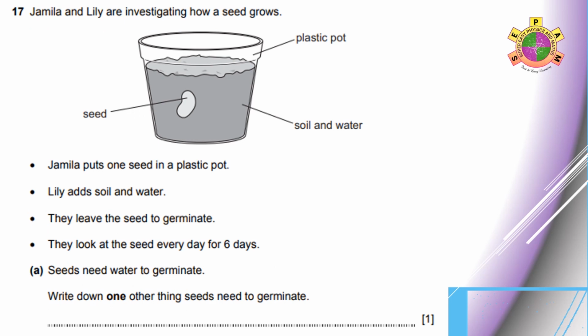Question 17. Jamelia and Lily are investigating how a seed grows. So he put one seed in a bucket, Lily adds some water, they leave the seed to germinate. They look at the seed every day for 6 days.